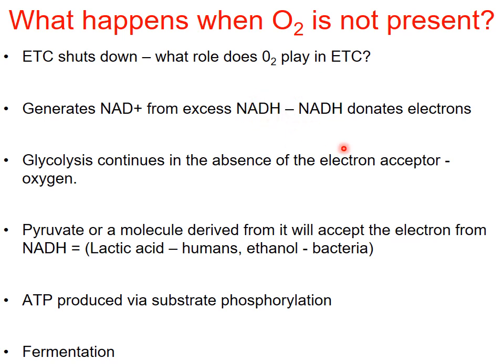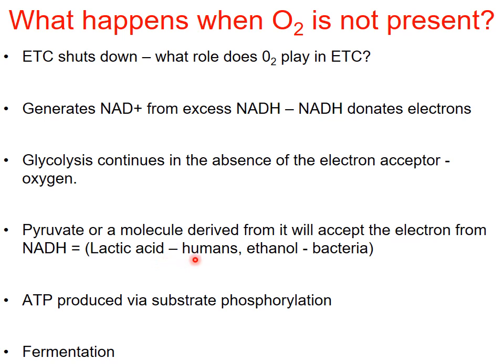And what we see is that glycolysis continues even when the final electron acceptor, oxygen, is not present, all right? But pyruvate, or a molecule that is derived from it, as you'll see in a moment, accepts the electron from the NADHs. And in humans and most mammals, this is in the form of lactic acid. You'll see that in a moment.